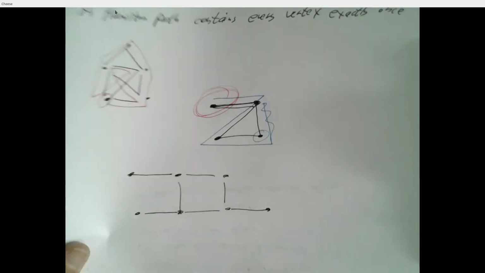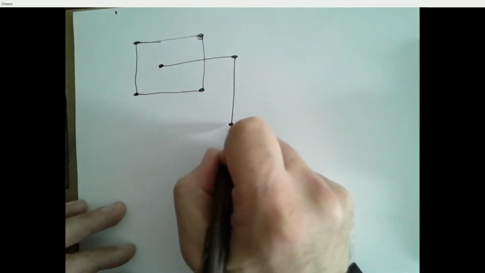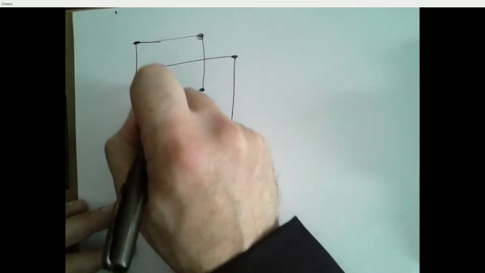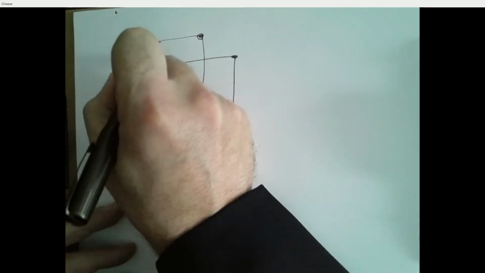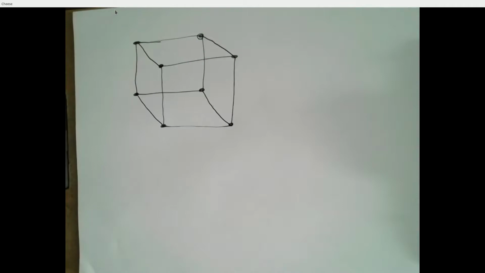So let me show you something we can do with Hamiltons. I'm going to draw a funny looking graph. So there's a graph, 8 vertices and 12 edges.